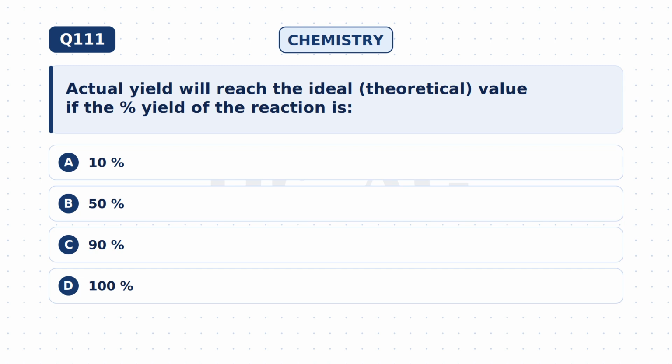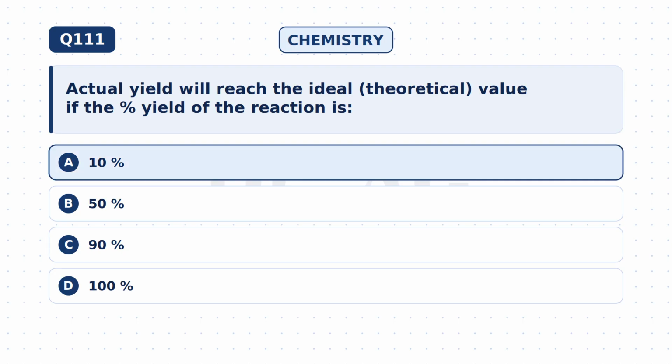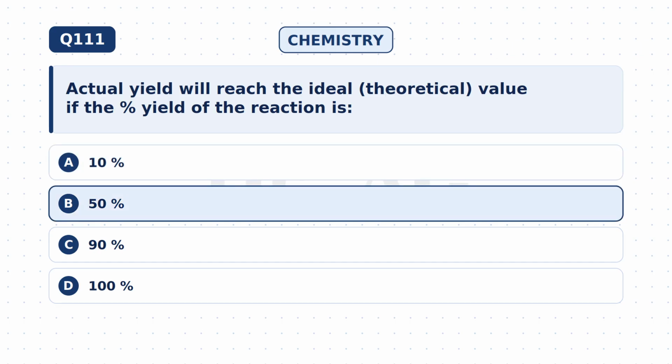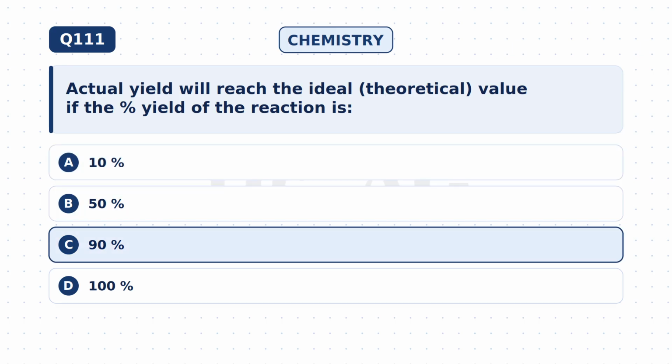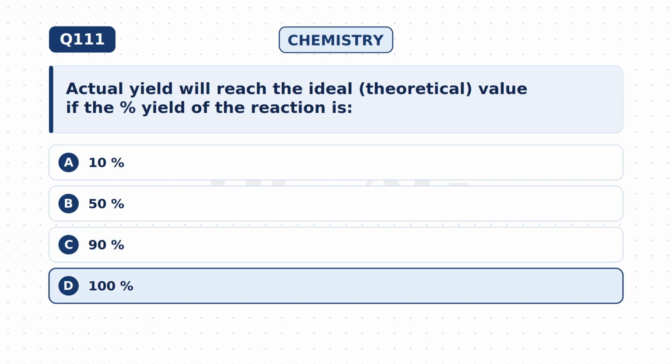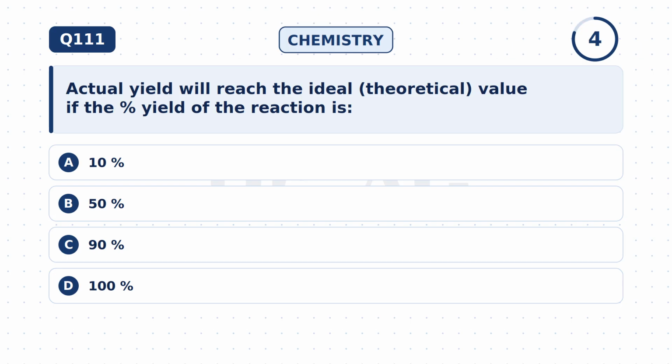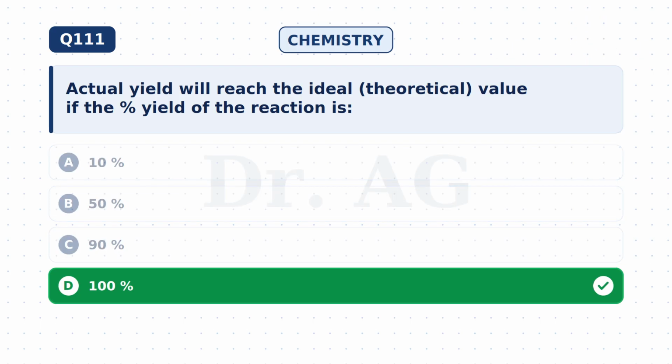Question 111. Actual yield will reach the ideal theoretical value if the percent yield of the reaction is Option A, 10%. Option B, 50%. Option C, 90%. Option D, 100%. The correct answer is D, 100%.